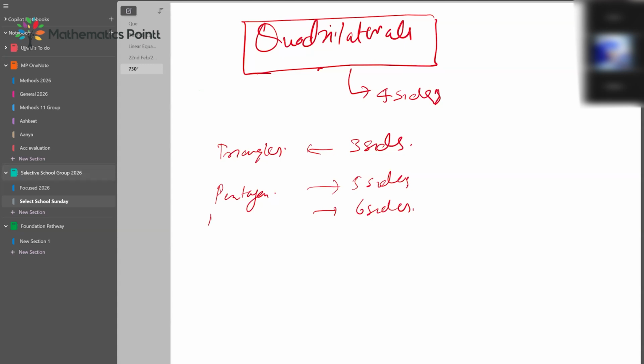Hexagon. Good job. What is the figure with seven sides called? I hope you're not Googling it, right? Heptagon. Good. What is the figure with eight sides called? Octagon. Good job.